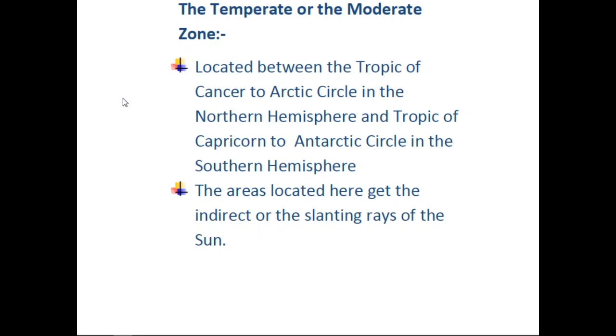The location is between the Tropic of Cancer to Arctic Circle in the northern hemisphere and Tropic of Capricorn to Antarctic Circle in the southern hemisphere. Here the areas located get the slanting rays of the sun or the oblique rays of the sun, due to which temperature is moderate. Most of the people live in this temperate or the moderate zone because of the suitable climatic condition.